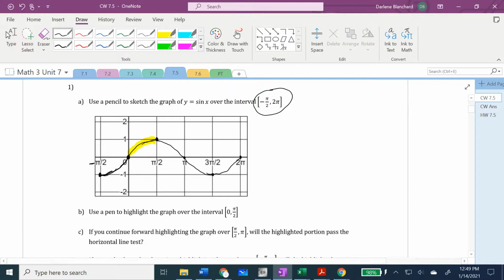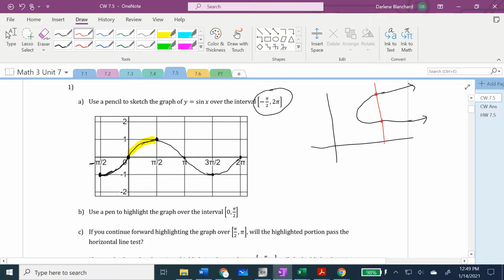some are, some aren't. The vertical line test is a test to determine if something is a function. So if I were to draw a sideways parabola, and I draw a vertical line through it, it crosses it more than once.